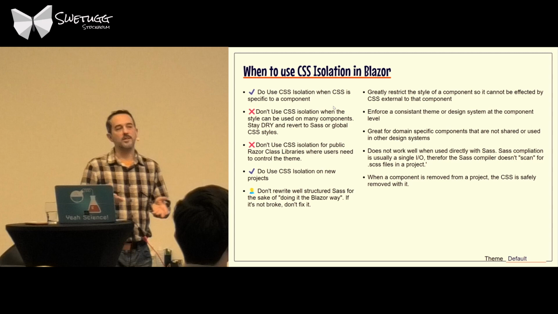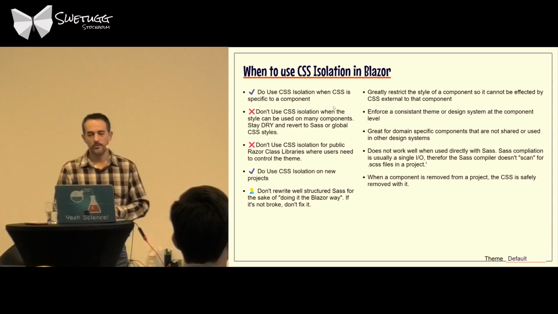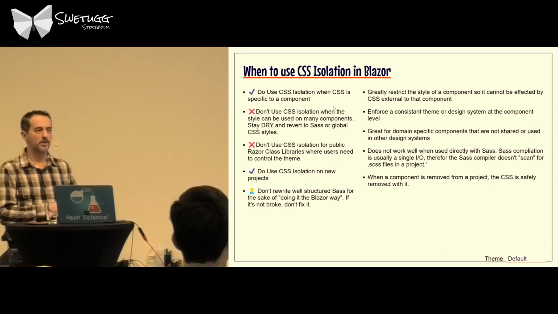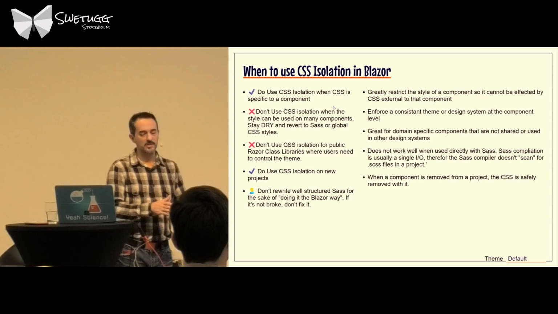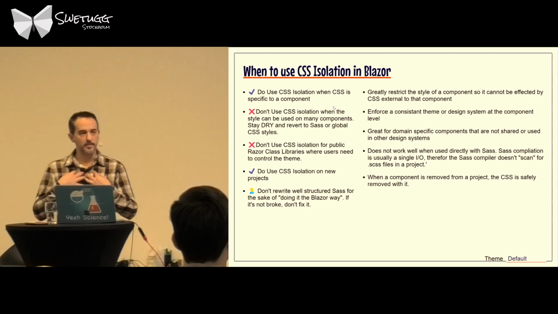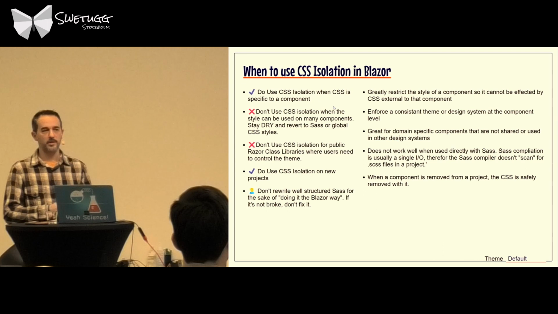It also depends on the consumer of that component that you're creating. So does the consumer need to alter the style of this component? If you want to completely block them out of it, use CSS Isolation. If they need to, for my example, I work for Progress, and we have a library of 100 components that we sell to consumers.